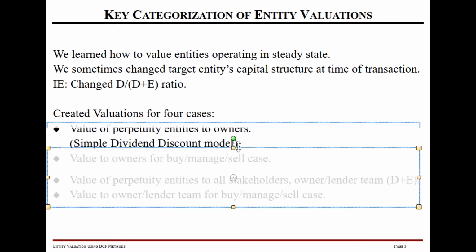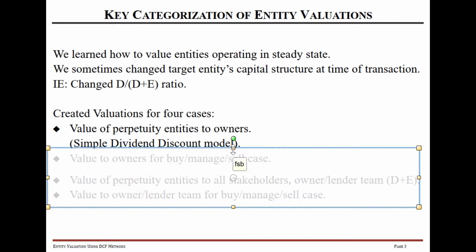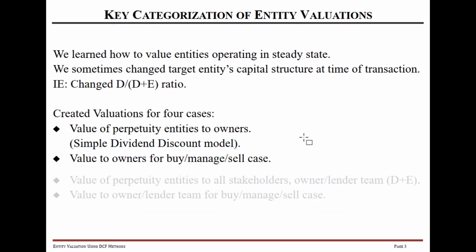So the first was the value of perpetuity situations to owners, and that's where we used the simple dividend discount model. And then next up, we looked at value to owners for the buy, manage, sell case. It's still a steady state entity, but we're going to buy it when market conditions are really bad, operate it for a while, sell it when market conditions, measured by something like PE ratios, are really good, and we'll make a bunch of money that way.